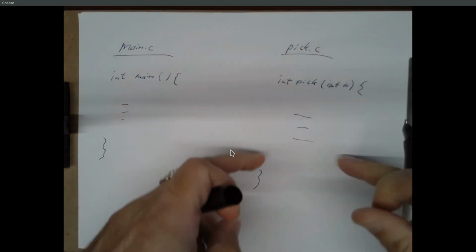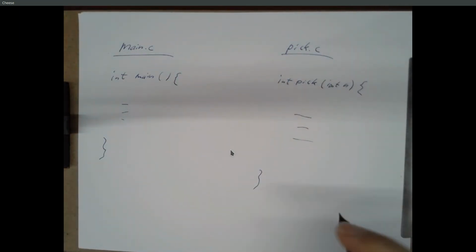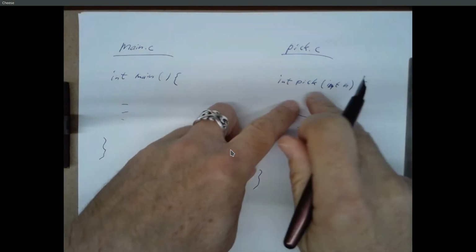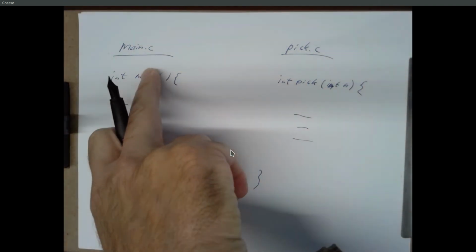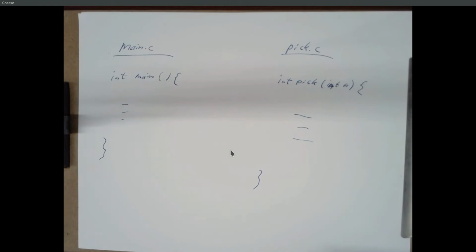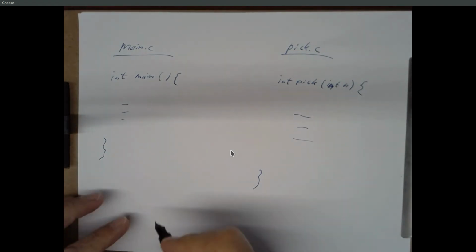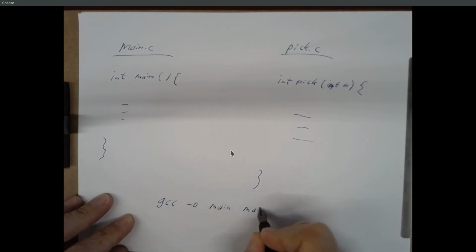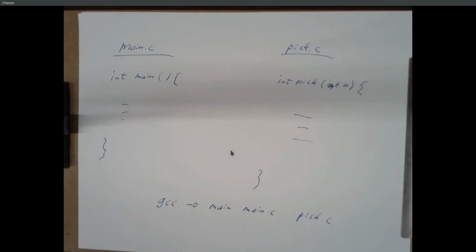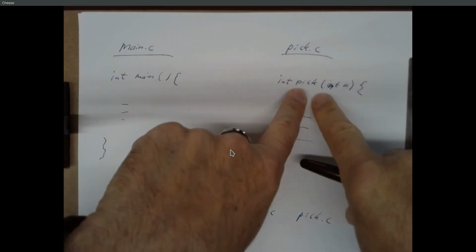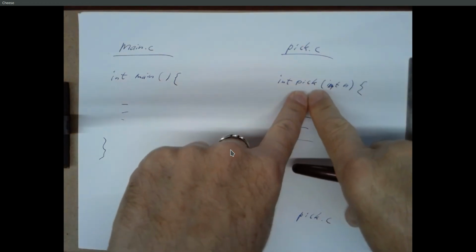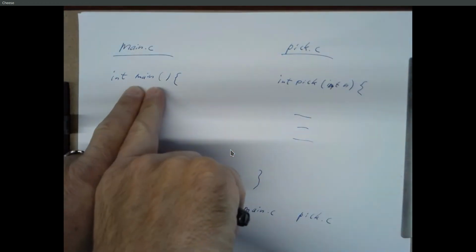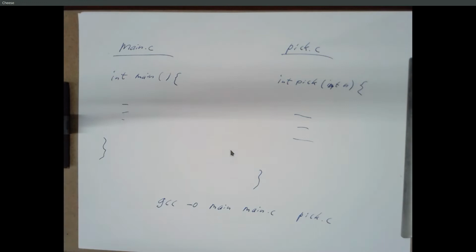So you compile this. If you do gcc -c, you get a pick.o. All it's got inside is this pick function. If you were to do gcc -c on main, you get a main.o that just has your main function. When you do this, it's compiling this to make what we call an object that contains pick, compiling this to make an object that contains main, and it's putting them together.